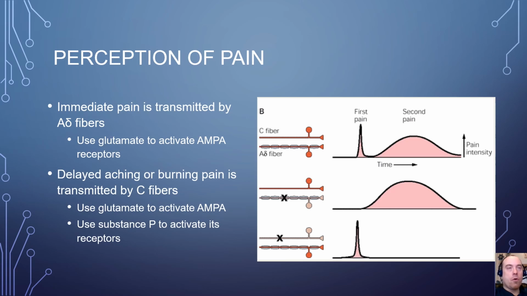A little bit more detail, the pain fibers generally use glutamate to activate receptors called AMPA, and I'll get into an animation on that I made. So that's the rapid pathway, but even the delayed pathway uses glutamate. Just to give you an overview of glutamate, that is, of course, an amino acid, but glutamate is also a neurotransmitter that is typically considered excitatory.